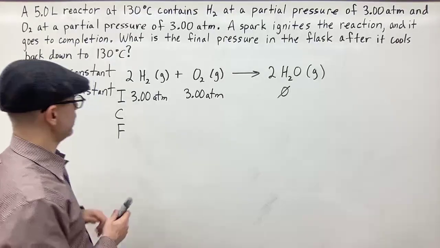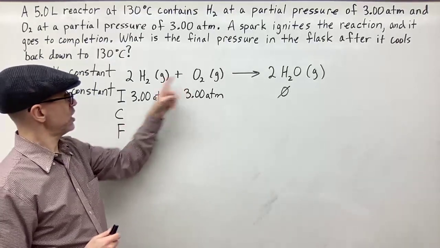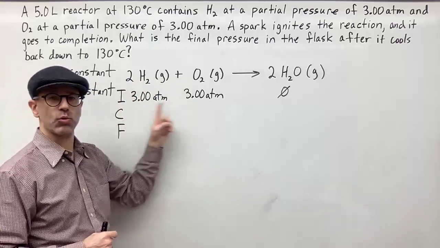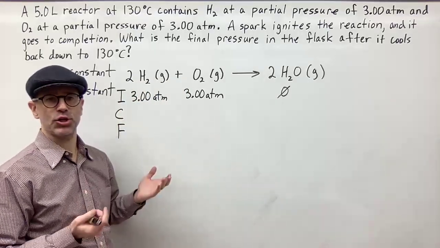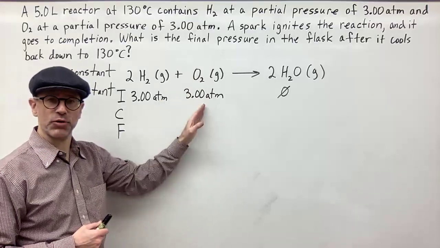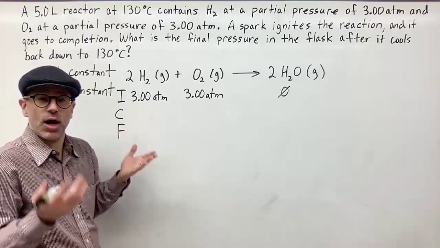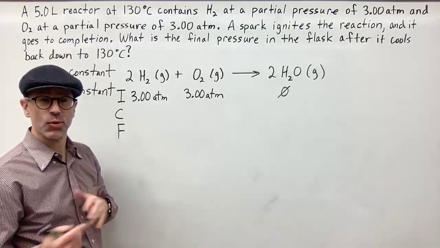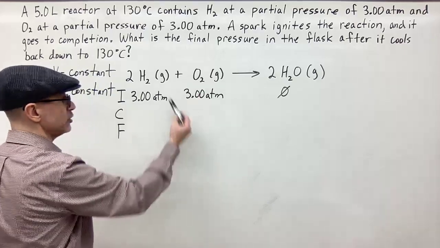What you could do is use the ratio between the reactants to see which one would run out first. You can convert the amount of one reactant to the amount of the other and see whether you have more than enough or less than you need. So let's take oxygen, for example.